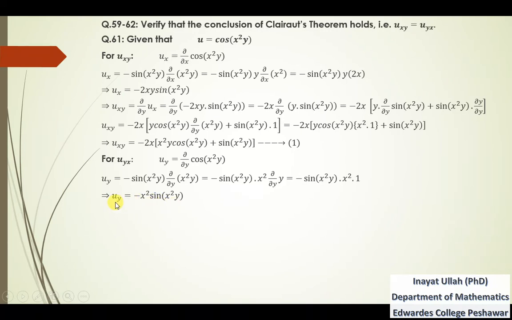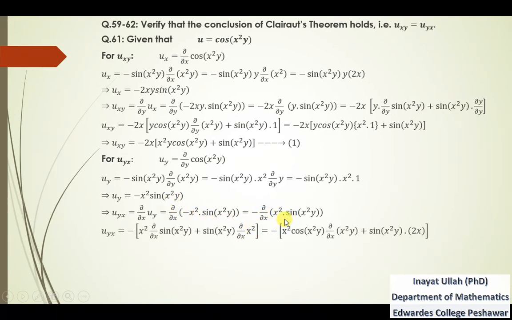Now we need to find the derivative of u_y with respect to x. So u_yx is ∂/∂x of u_y, the derivative of this function with respect to x. That is again the product rule. The minus is kept constant, and the product rule gives first function times derivative of second plus second times derivative of first.